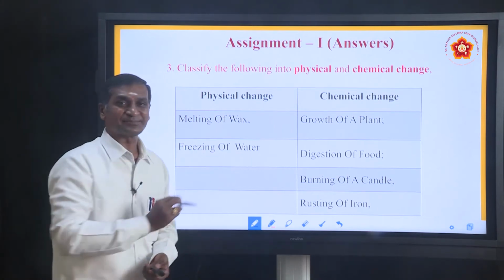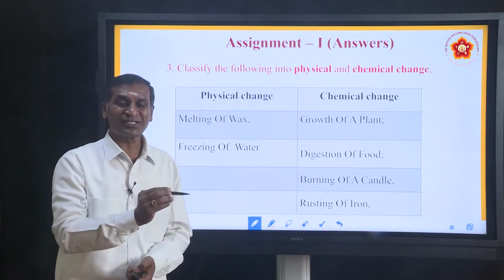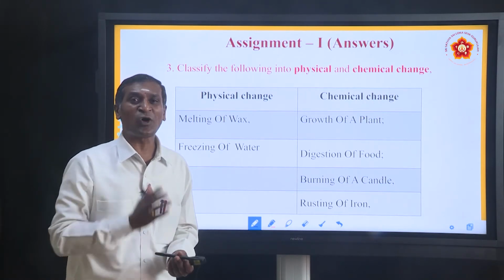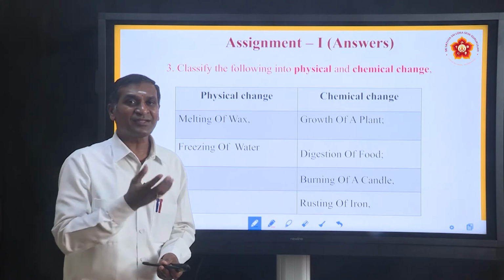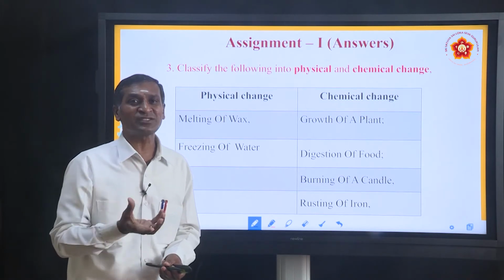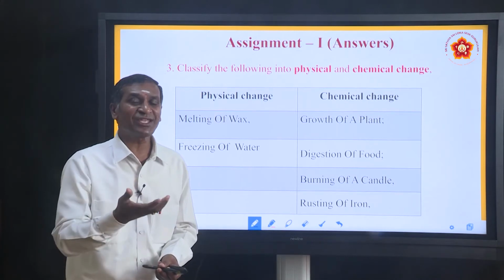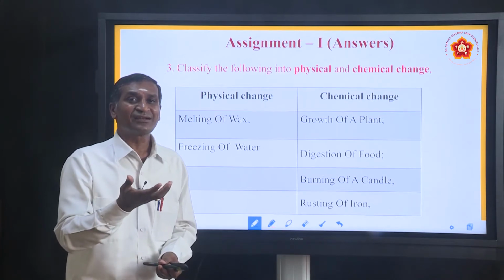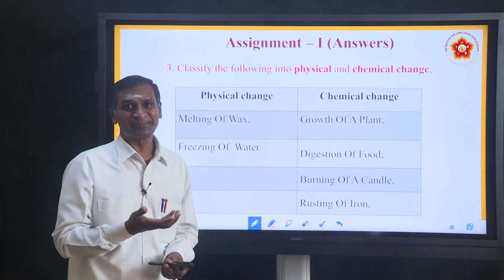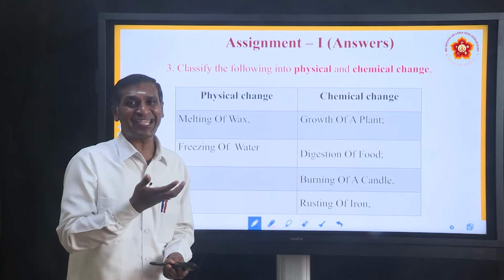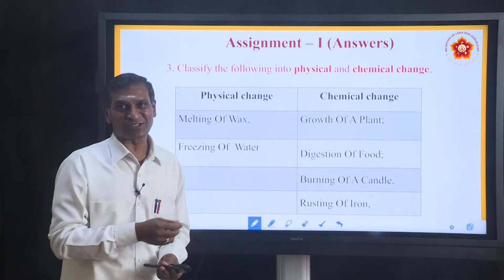Freezing of water: the water when kept in refrigerators freezes to form ice, and that ice again when kept in hot sun, converts to water. So, there we can see the originality of the substance can be retained and regained also.